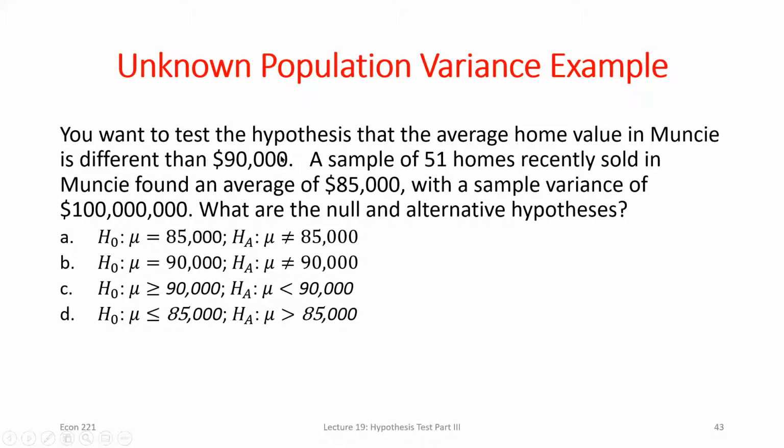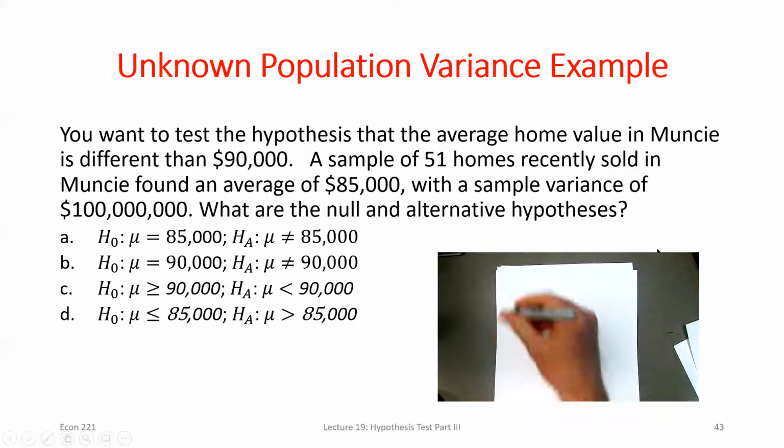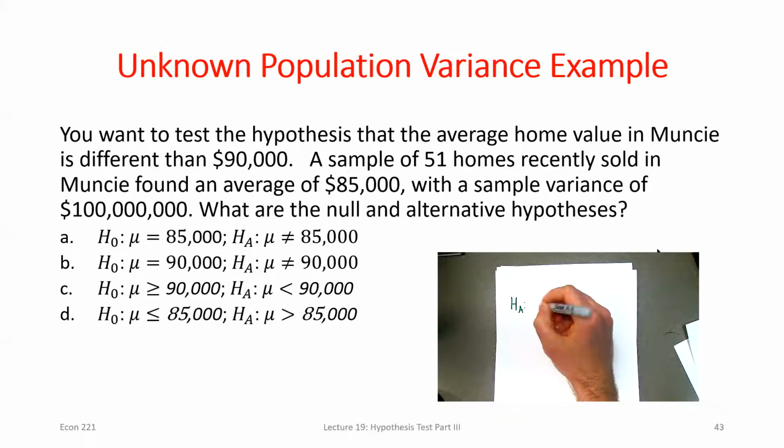Steps haven't changed much. So let's say we want to test whether the average home value in Muncie is different than 90,000. Right away we should know what type of tail test we have here. Different than means not equal to. So my alternative hypothesis is that the mean is anything different than 90,000.